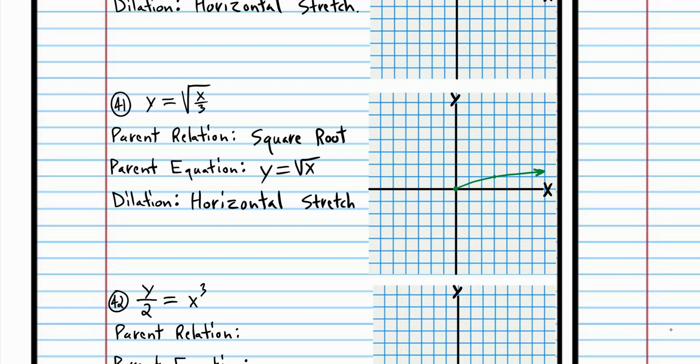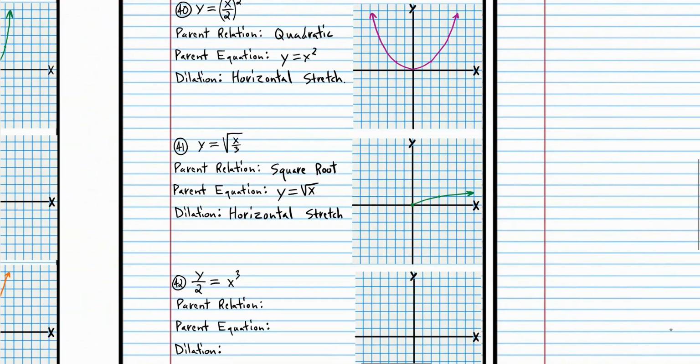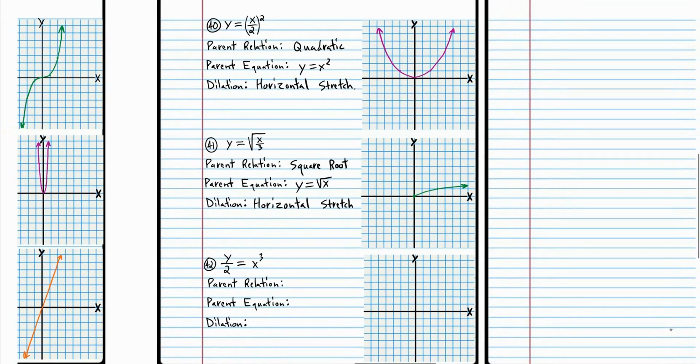So our graph did look like this, but we horizontally stretched it. So we took the orange and we stretched it out, and it became the green graph. So if you got that one right, good job. Try number 42. When you come back, we'll do it together.